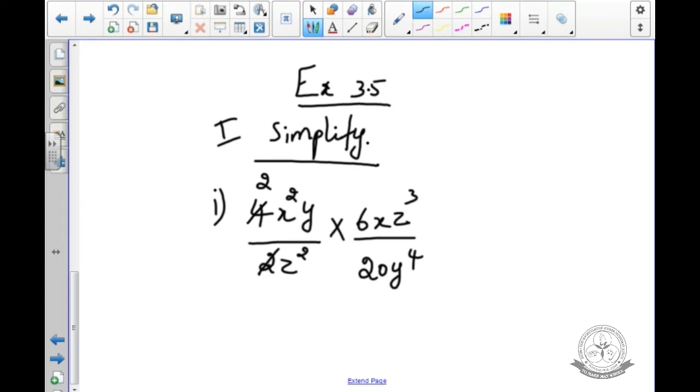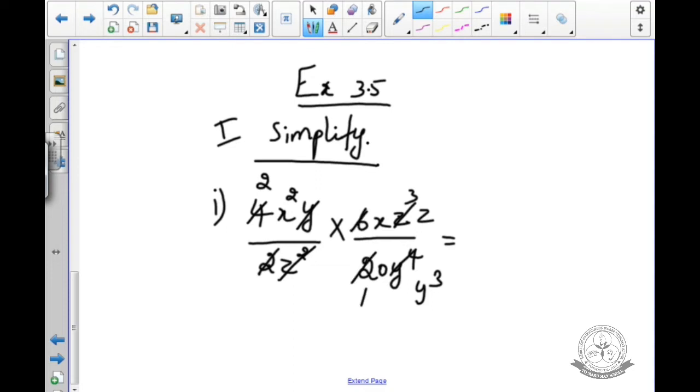Then we have to see the y terms. In the numerator, we have y. In the denominator, we have y power 4. So one y will cancel and y cube will remain. For z, we have z cube in the numerator, z square in the denominator. If we cancel, we will get only z. Then here also we can do the cancelling.